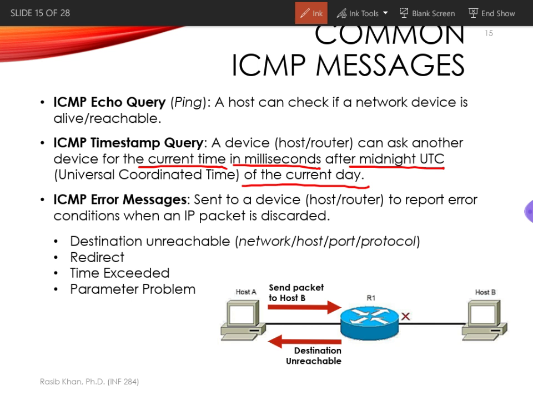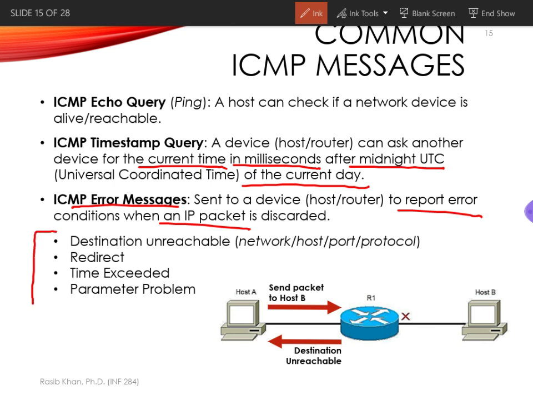The third kind of message is an error message. There are many different kinds of error messages, and these are messages which are sent to a device to report some form of error, most commonly if an IP packet is discarded for some reason. This is generated not as a request-response, but rather with respect to an occurrence of an error condition.